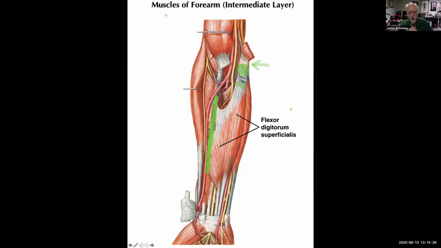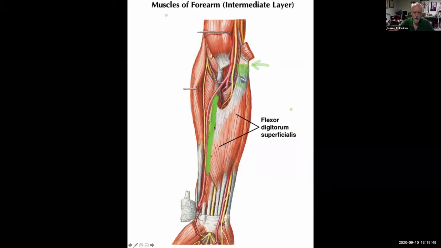By the way, in lab today, once you've dissected the superficial muscles and you start working your way down into this deeper layer, the dissector is going to tell you to cut part of the origin of this muscle. The description in the dissector is rather confusing. What they want you to do is cut this attachment.